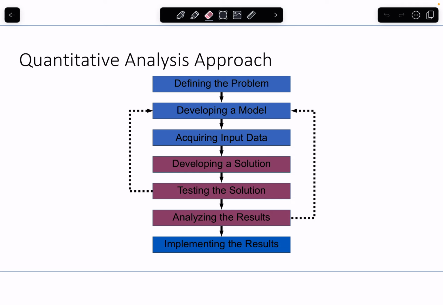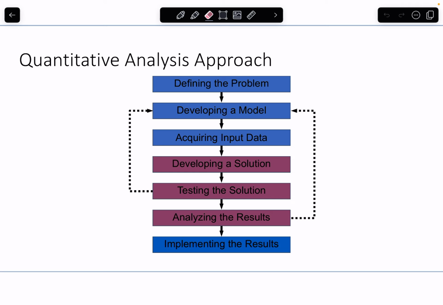Once the solution is tested, we analyze the results of the testing, whether it is feasible or not. Once we are sure the solution is feasible, that's the time we should be implementing the results.